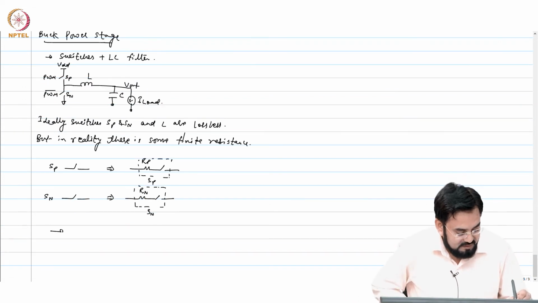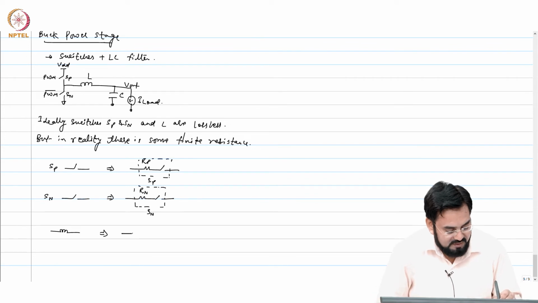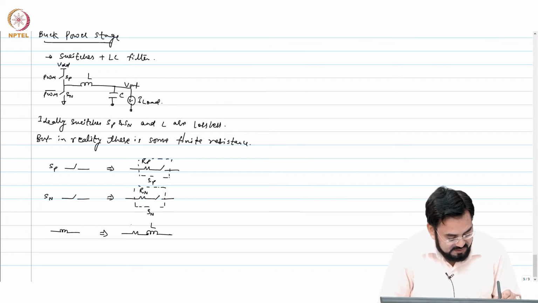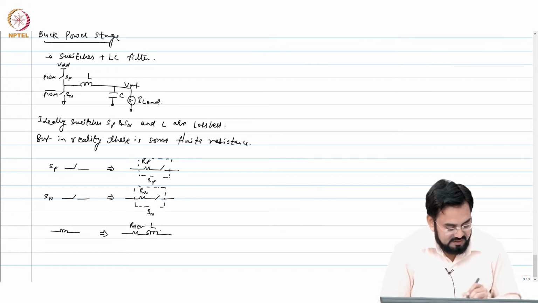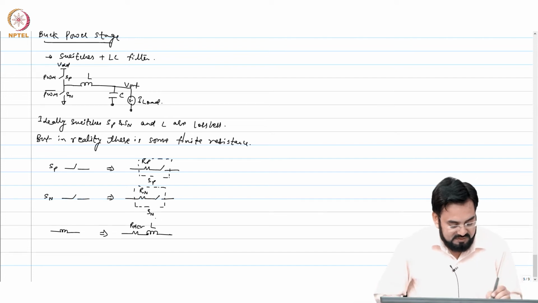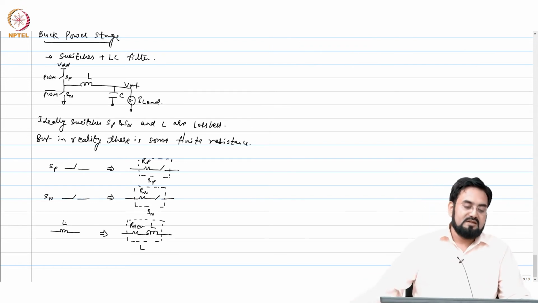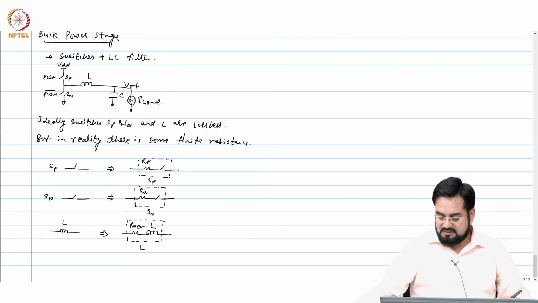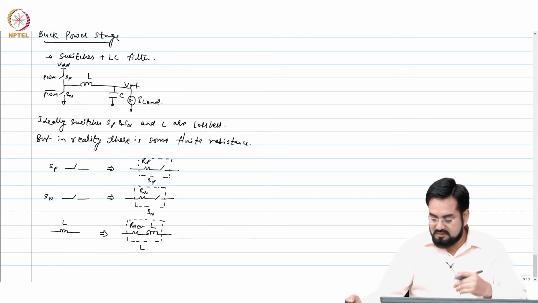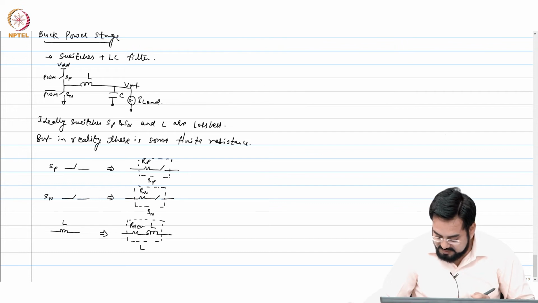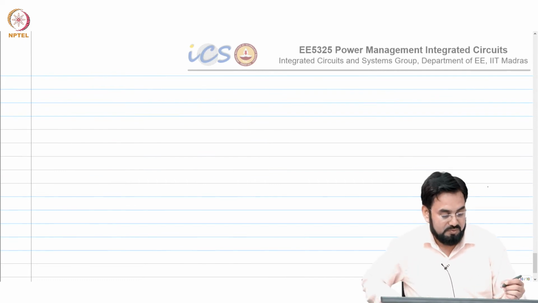And the inductor you model as a lossless inductor with series R, and we usually call it RDCR, the DC resistance of the inductor. This is how you model. Now, we will replace all switches and inductor with this model, and we will see what happens to the output.